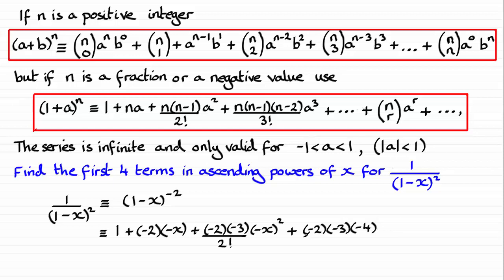Then that is all divided by 3 factorial and multiplied with a cubed, a being that minus x, so that's minus x all cubed. And notice that I write plus and so on on the end, even though we had to write down the first 4 terms. The series continues. I just don't need to put the other terms in.